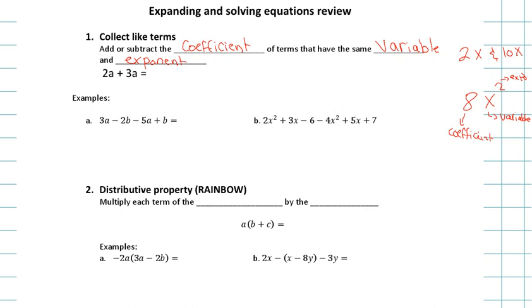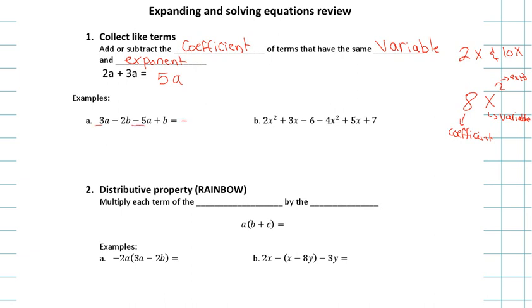So if you're looking at the example 2a plus 3a, they're like terms, and I'm adding them. So all I have to do is add the coefficients, and that would give me 5a. Okay, so let's look at another example. I have 3a minus 2b minus 5a plus b. What do I do? Collect the like terms. So what are my like terms? 3a minus 5a. So what's 3a minus 5a?